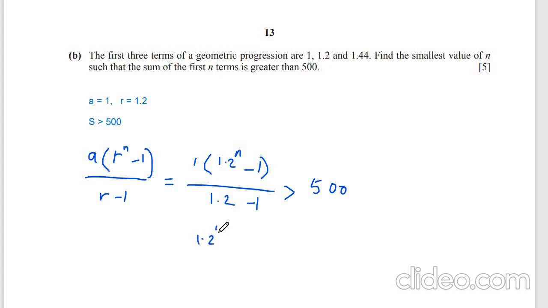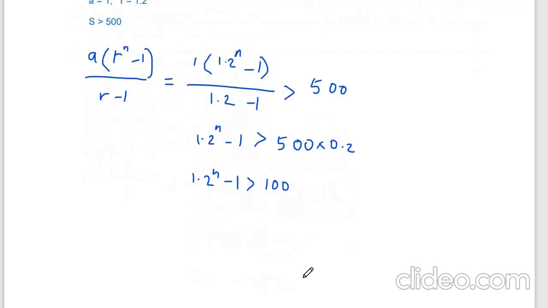So this will be 1.2 to the power n minus 1 greater than 500 times 0.2. So this will be 1.2 to the power n minus 1 greater than 100. And so 1.2 to the power n is greater than 101.